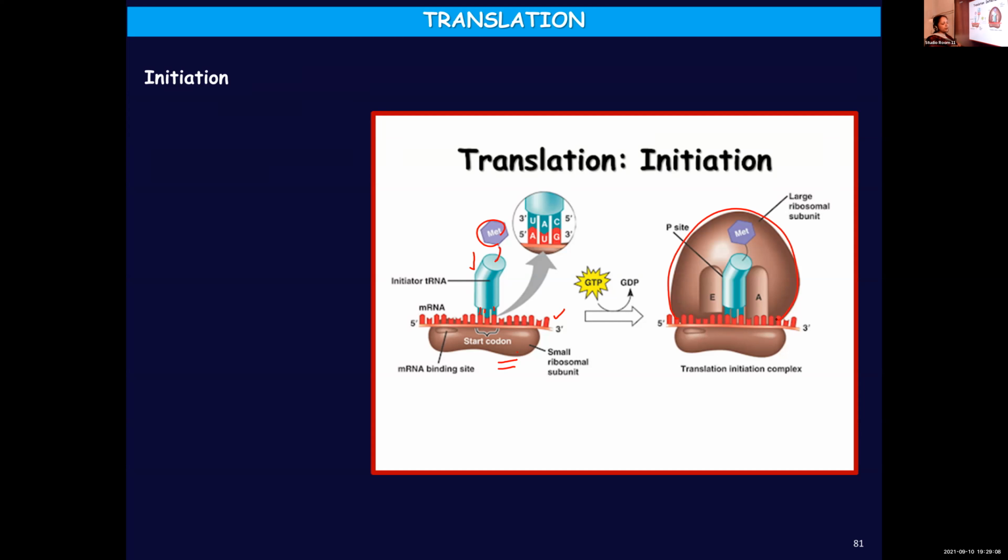The large subunit of the ribosome has three sites: E, P, and A site. E stands for exit site, P for peptidyl site, A for acceptor site, the amino acyl acceptor site, where the amino acid is getting accepted.